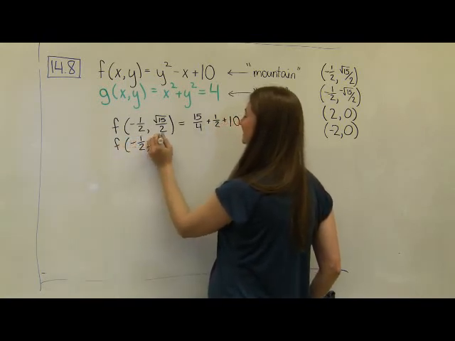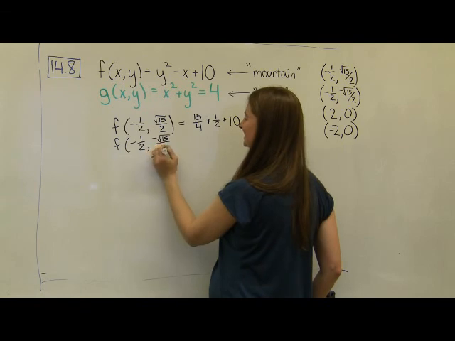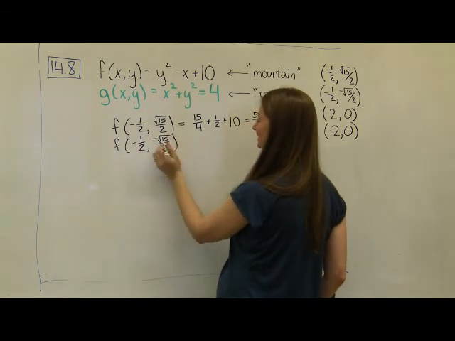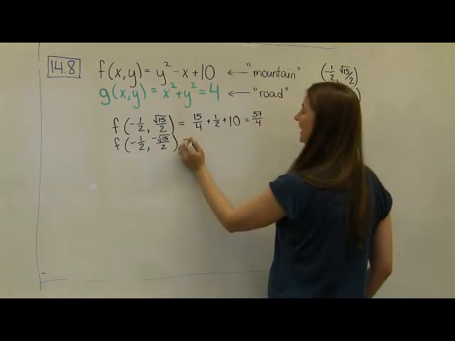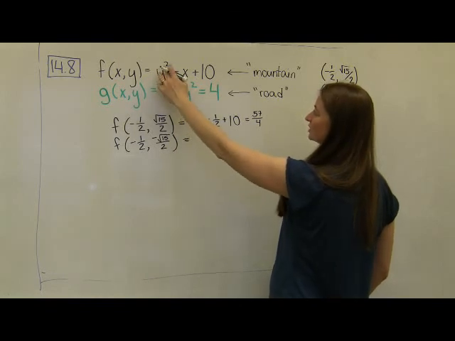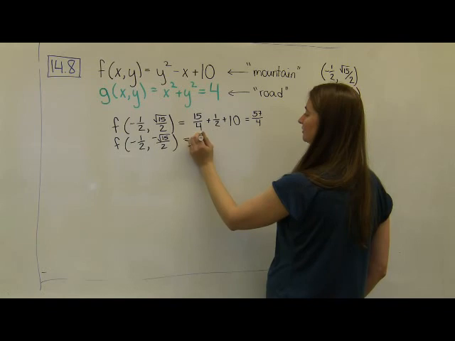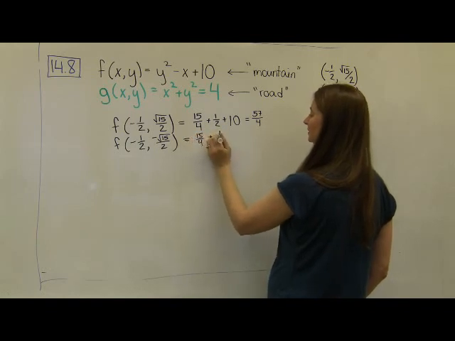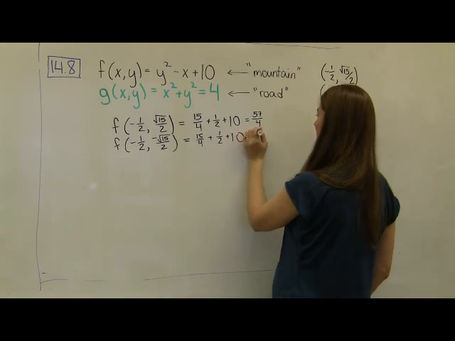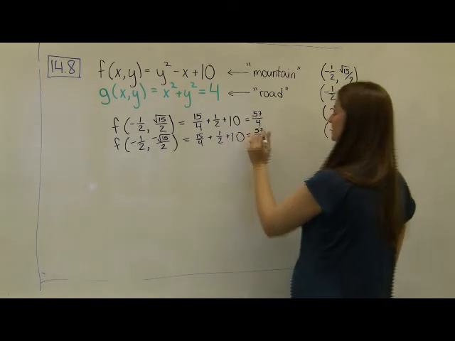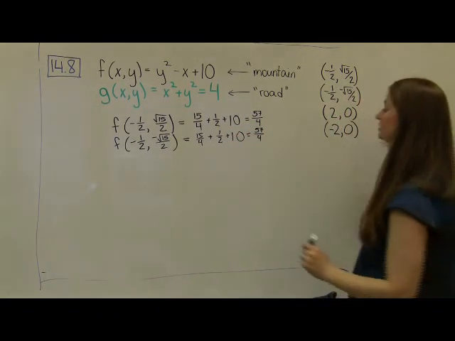So next I'm going to plug in my next value, which in this case is (-1/2, negative square root 15 over 2). And look, I'm going to get the same exact answer because my y was squared, so it doesn't matter that this is positive or negative. Negative square root 15 over 2 squared gets me the same thing. So I have a tie for this value. Let's look at our other 2 values.